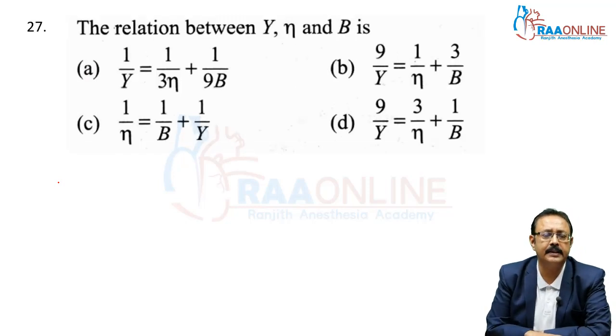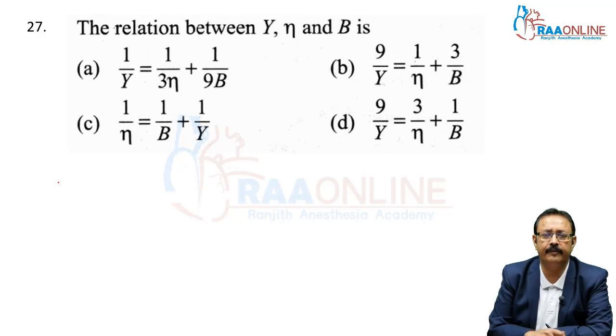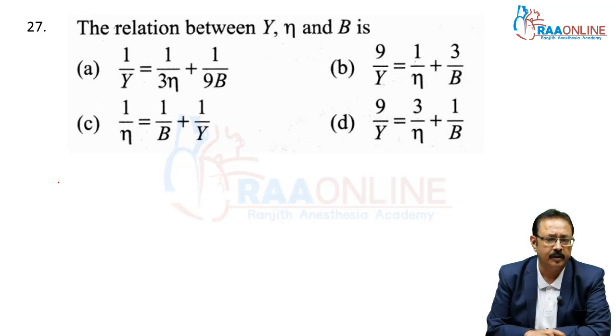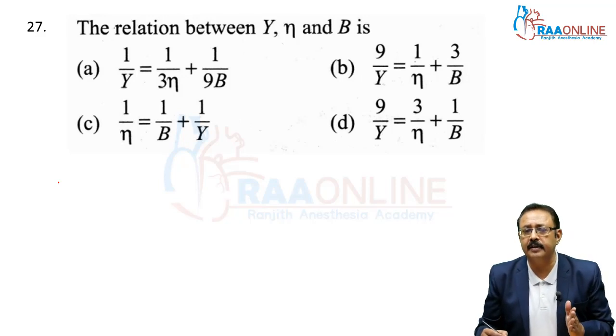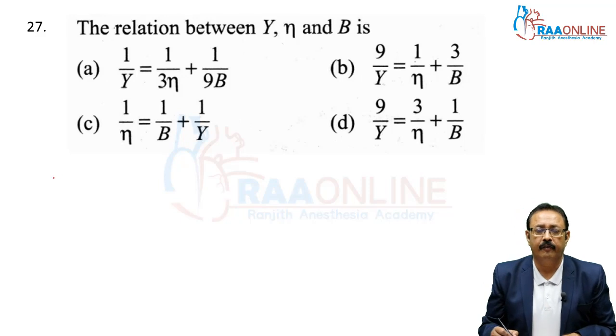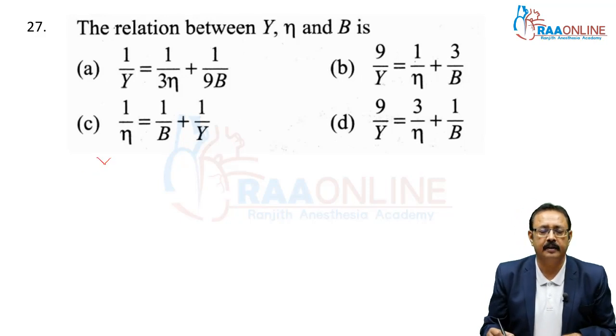Next, it is again a relation between Y, eta and B. I told you in theory, what is the relation between these? Y is always 3 into bulk modulus into 1 minus 2 sigma.